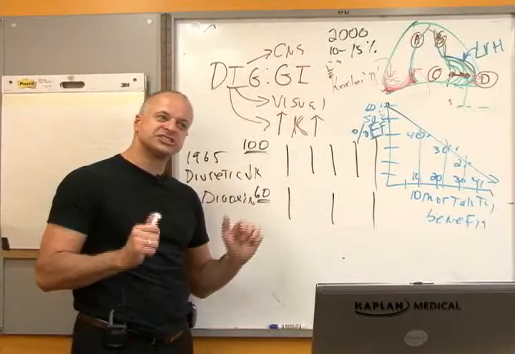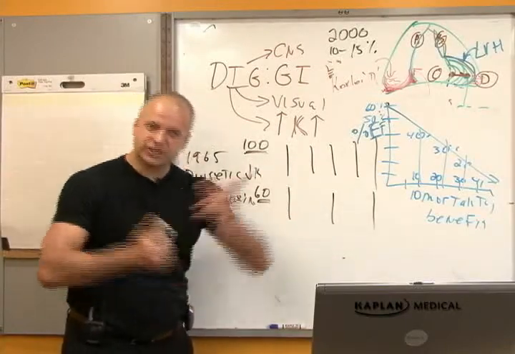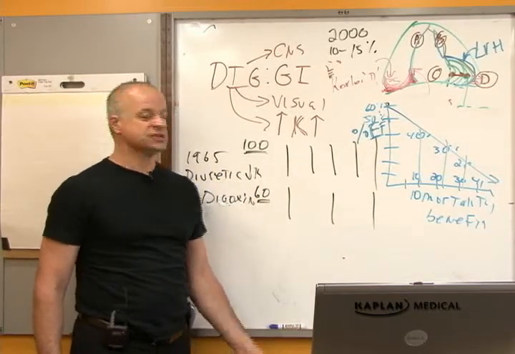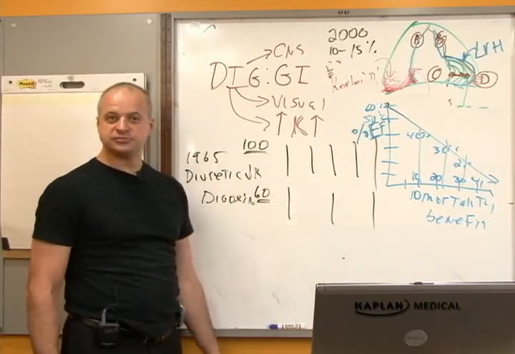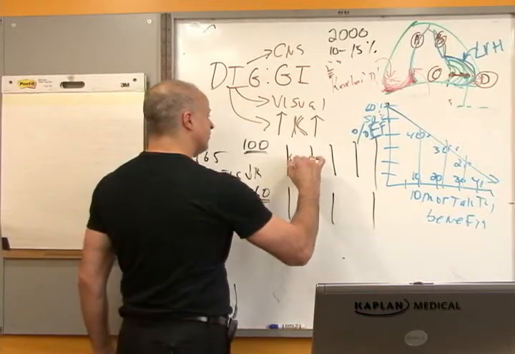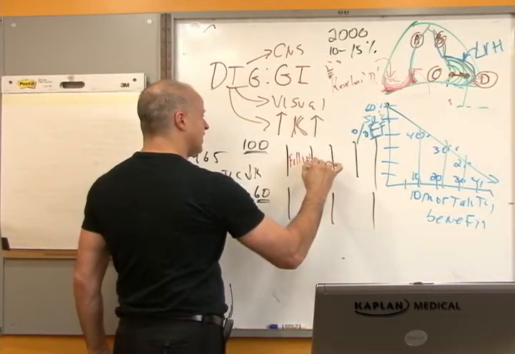what increases in length? Systole or diastole? Diastole increases. When do the coronary arteries fill? They fill during diastole.